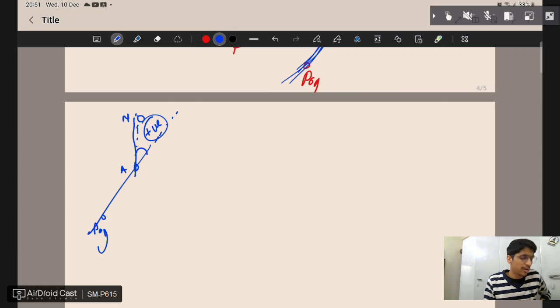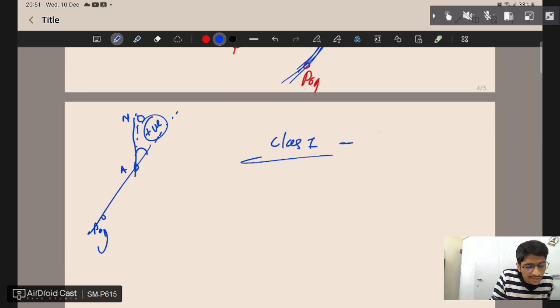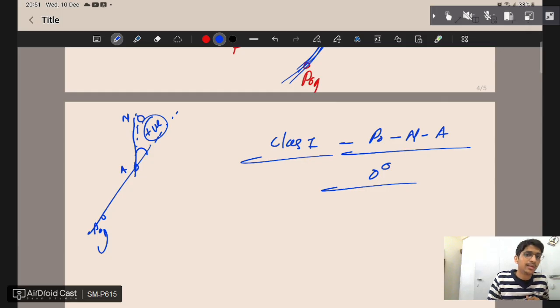If all are in one line, imagine a class 1 situation. In a class 1 situation, the pogonion, the nasion, and the point A are all in one line. That means 0 degrees. But usually in class 2 situations, with maxillary prognathism and mandibular retrognathism, this is the normal class 2 situation in which this value comes as positive.